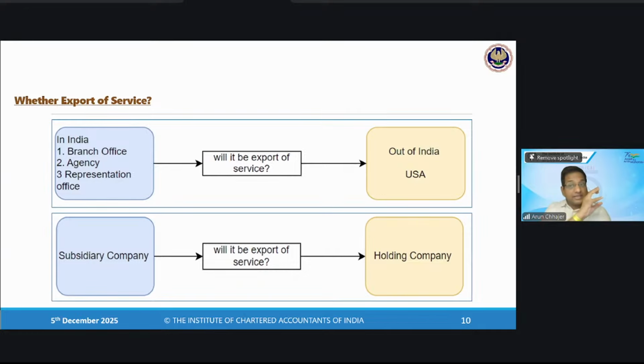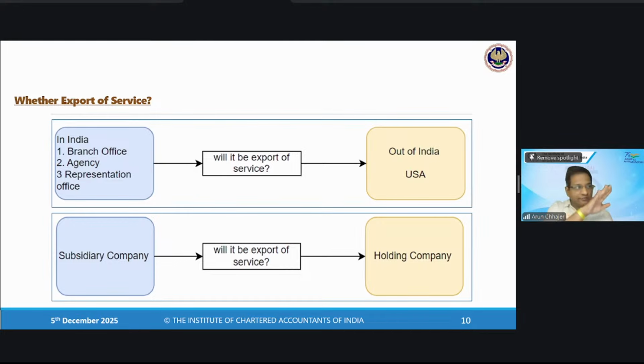So there are various MNC companies who work only for providing the KPO services or back support services, back office work being handled in India.